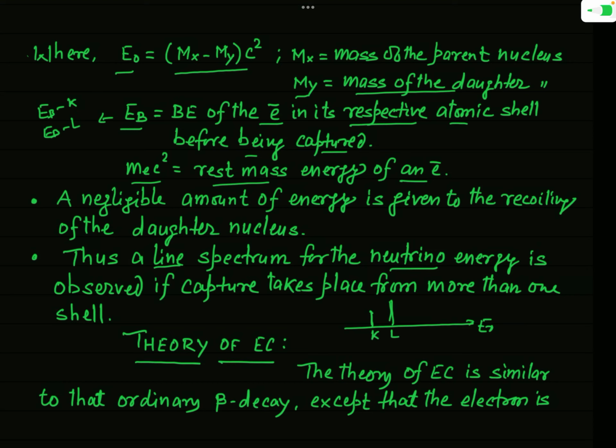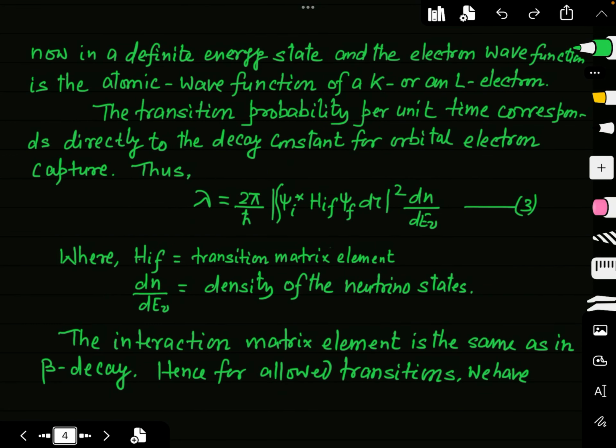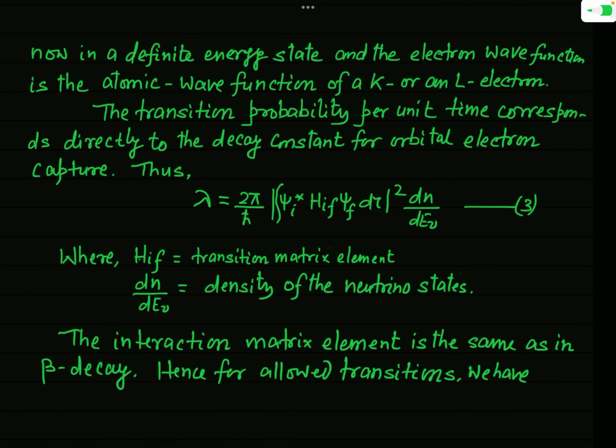In electron capture, the electron has a definite energy state, but in the beta decay process the energy spectrum of the electron was a continuous curve. So in beta decay the energy of the electron varies from 0 to a maximum value, but in electron capture the energy of the electron is constant.